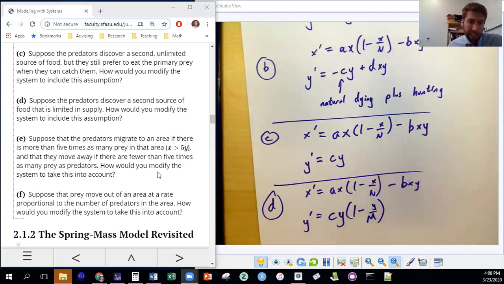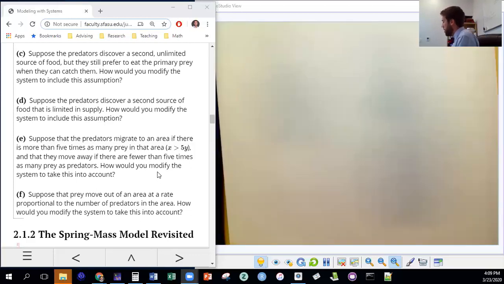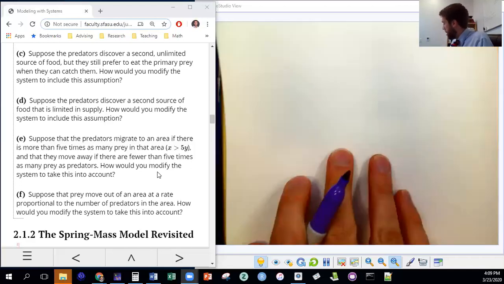All right, so part E, suppose that the predators migrate to an area where there's more than 5 times as many prey in that area, that they move away if there's fewer than 5 times as many prey as predators. How would you modify the system to take this into account? All right, now we're getting tricky. Okay, so the prey still follows the same thing.